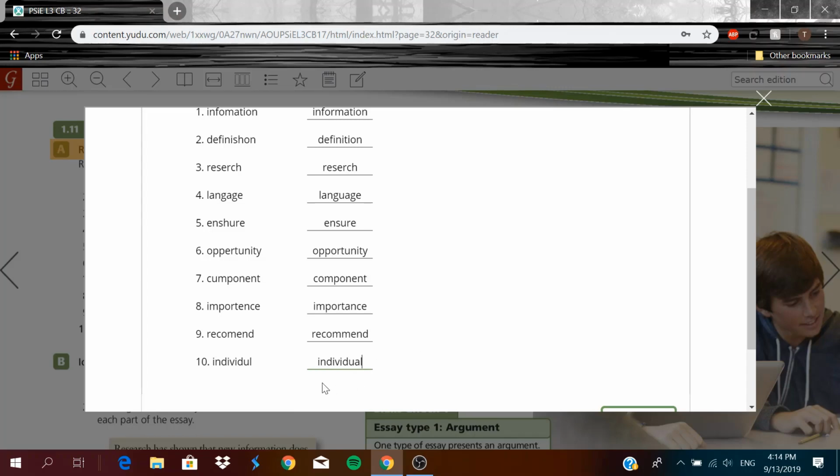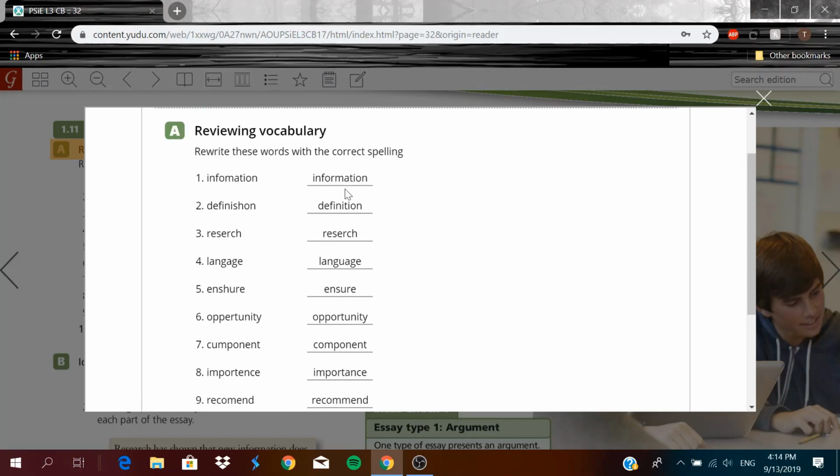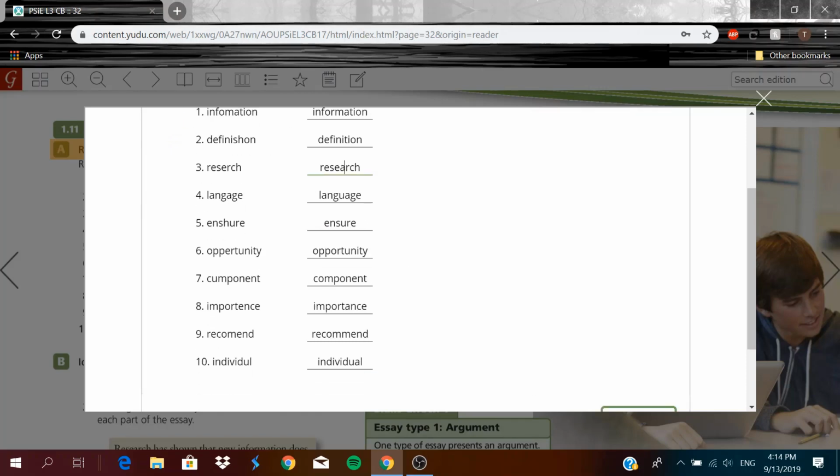INDIVIDUAL. Okay, so missing an A. So we have information, definition, research, language, ensure, opportunity, component, importance, recommend, and individual.